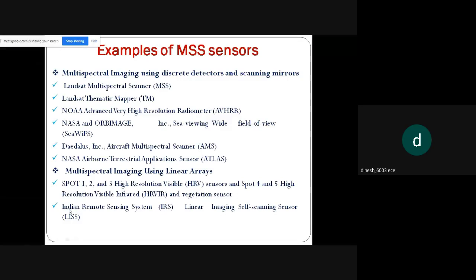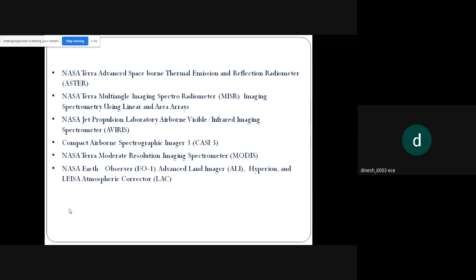This linear array is used in Indian Remote Sensing System, IRS, Linear Imaging Self-Scanning Sensor, LISS. And it is used in NASA Terra ASTER, Advanced Spaceborne Thermal Emission Reflection Radiometer. NASA Terra MISR, Multi-Angle Imaging Spectroradiometer.